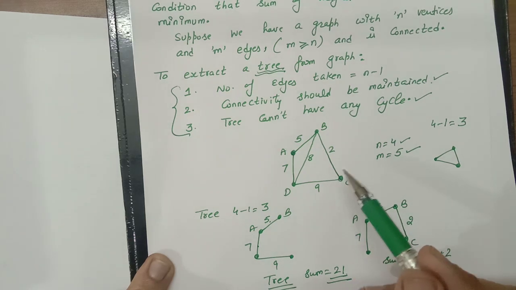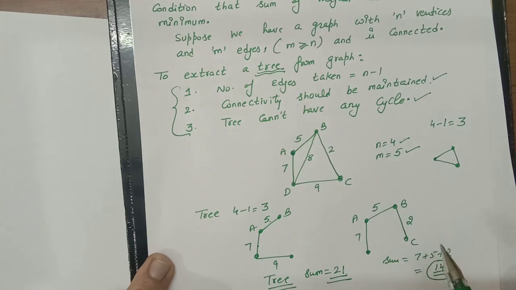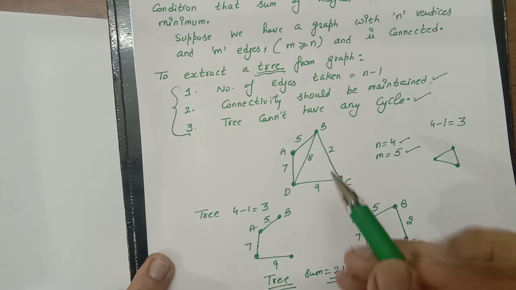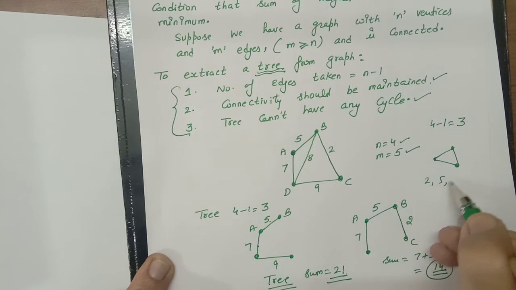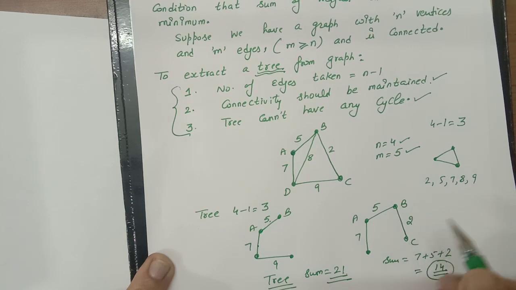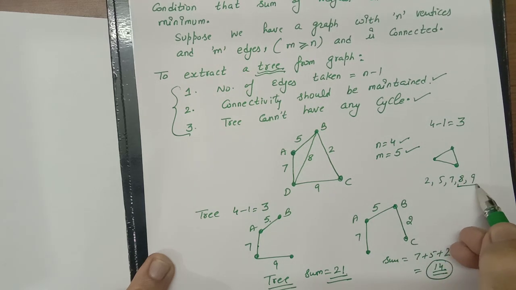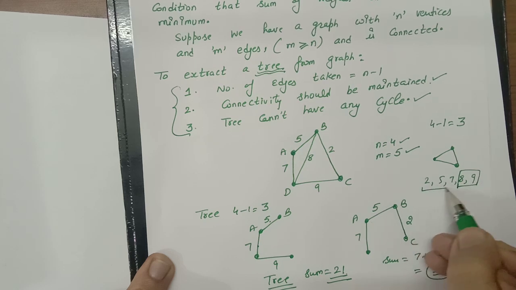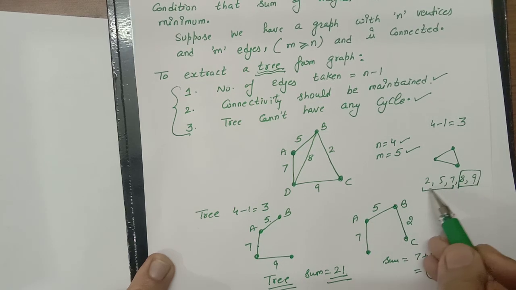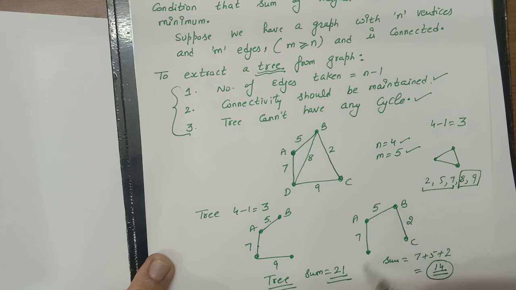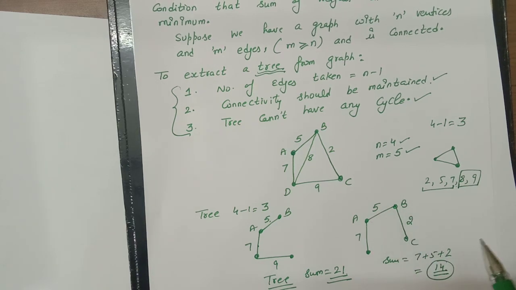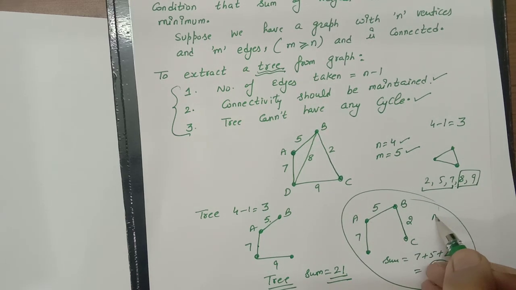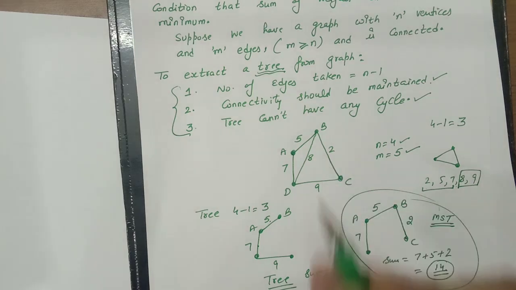Is there any possible tree from this graph which has weight less than 14? Let us check. Now this graph has 5 edges, 2, 5, 7, 8 and 9. I have left the 2 greatest ones and taken the 3 smallest ones. Now by taking the 3 smallest ones, you can see there is no cycle, as well as it is connected. So it is a tree. We can say this is a minimal spanning tree for this graph.